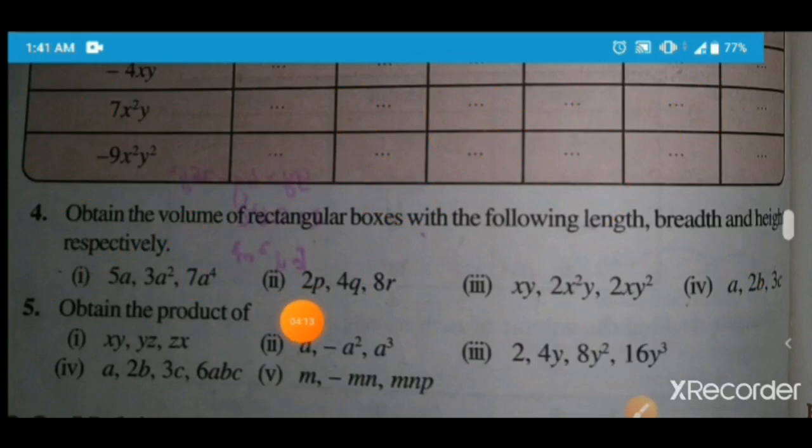Now the second part of question 4, that is 2p, 4q, 8r. It means length equal to 2p, breadth equal to 4q and height equal to 8r. And we are going to calculate the volume of rectangular box.